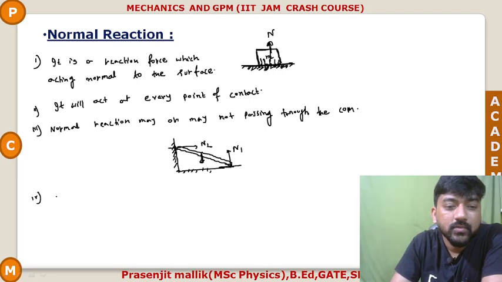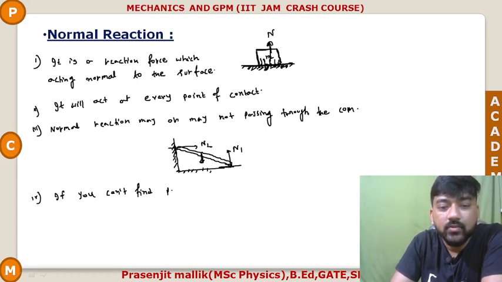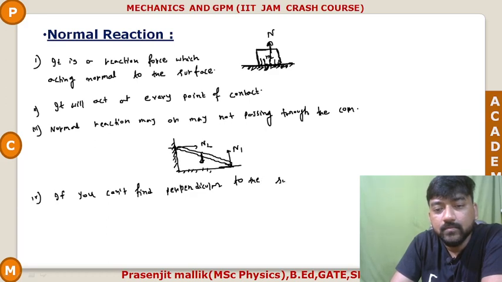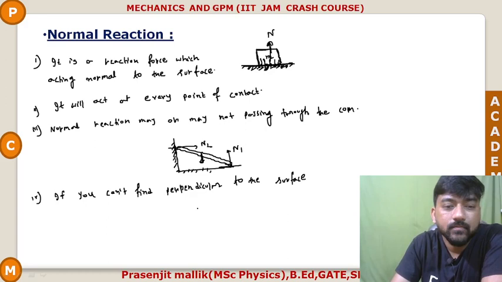So if you can't find the perpendicular to the surface, then draw the perpendicular to the object.